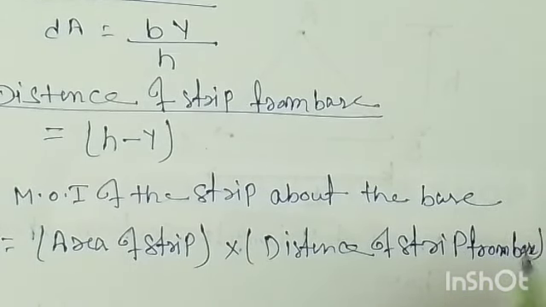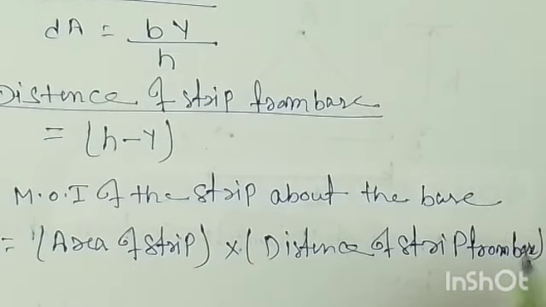Now as you are integrating this function with respect to y, b by h is constant, so let it come out. The integration from 0 to h, the y will be as it is, into h minus y whole square, and this is dy. Now you can open this bracket: (a minus b) whole square is a square plus b square minus 2ab.